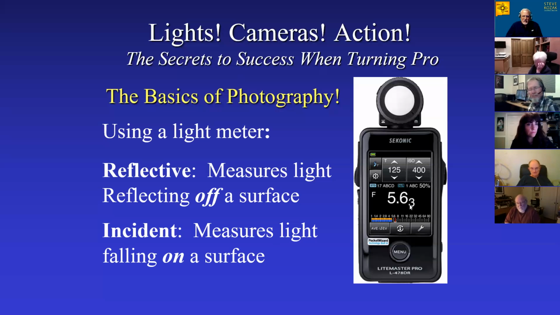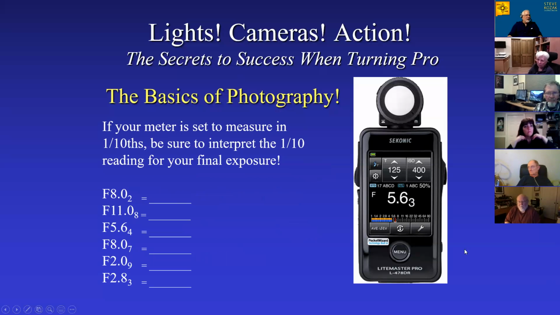because we either need to round it up or round it down to the closest f-stop that we have available to us. So for example, let's look at this list right here. If my meter tells me f/8 and 2/10, it would be f/8.0 and a little 2 right here.